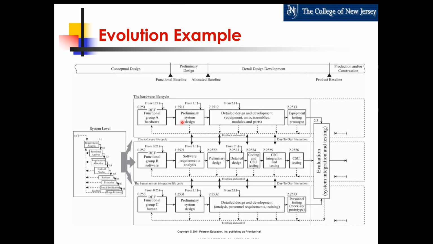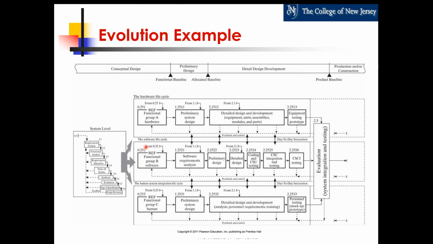And then what we're going to see later on is that you're going to go into your detailed design and the actual development of anything that is hardware: equipment, the units, the assemblies, the modules, parts, everything that has to do with hardware. And you're going to eventually come up with prototypes for the hardware.